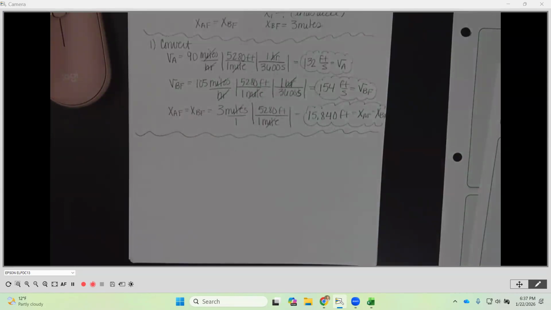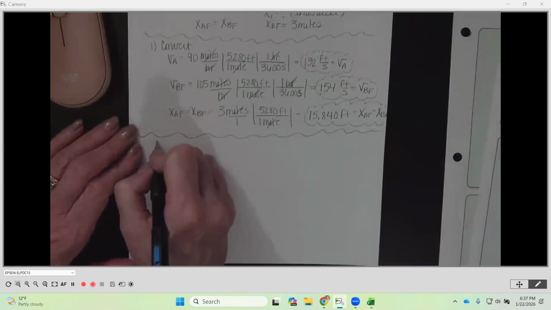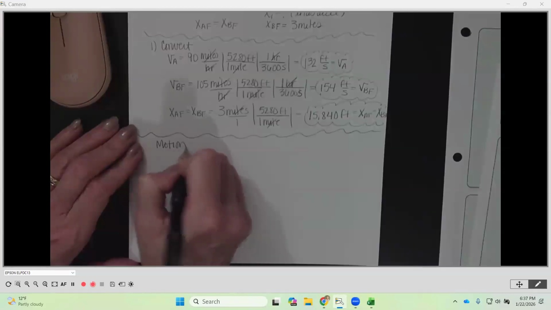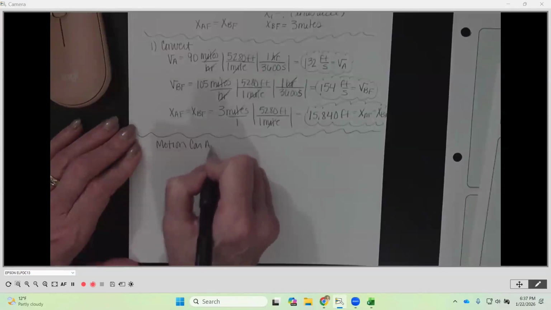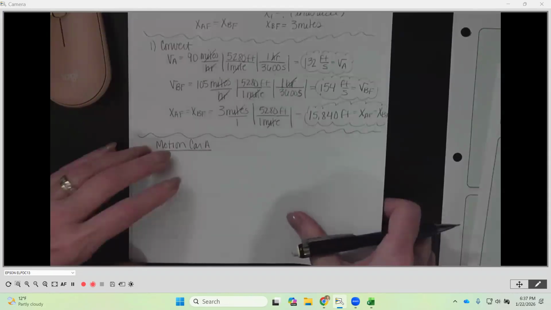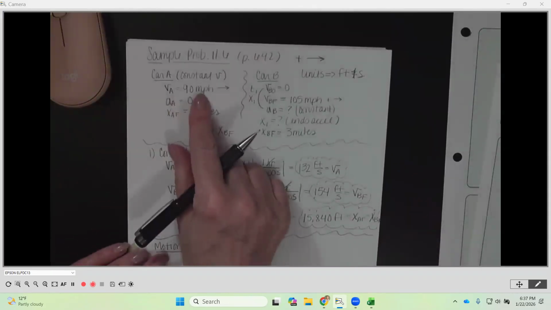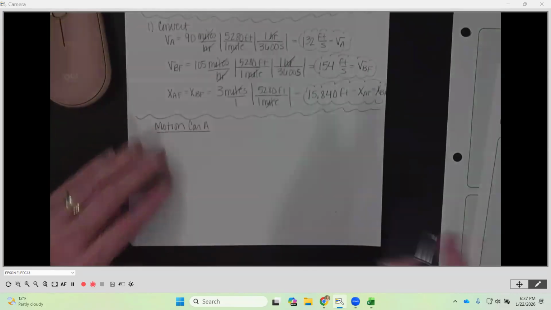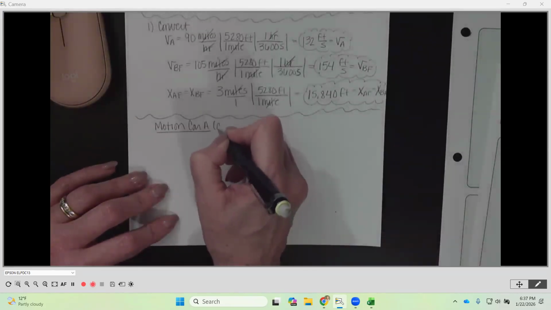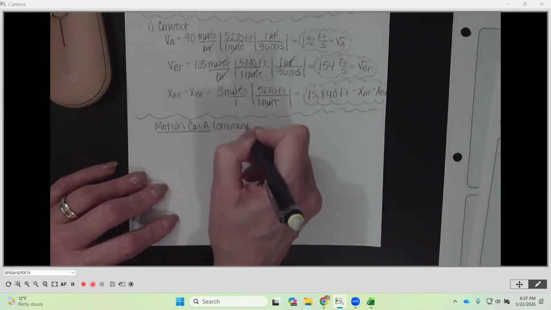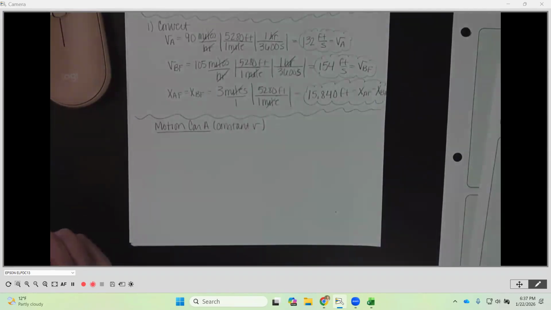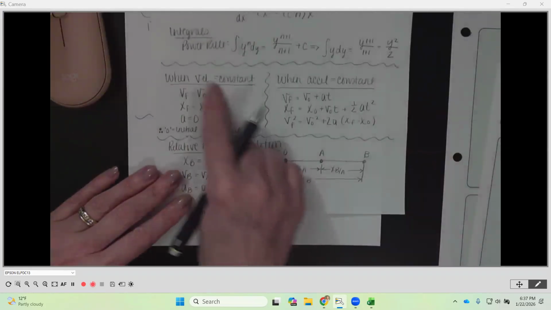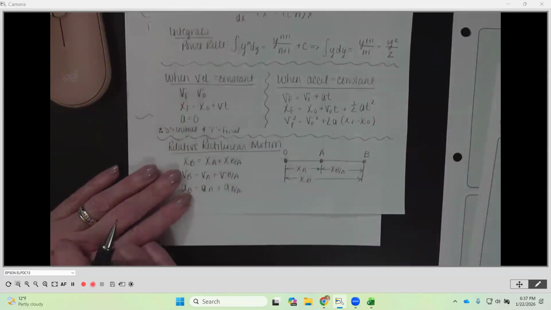So we're going to look first at the motion of car A. We already know that car A is speeding at 90 miles per hour and it's going at a constant rate. So this again is going to be constant velocity. And when it's constant velocity, we are in this area right here on our equation sheet.